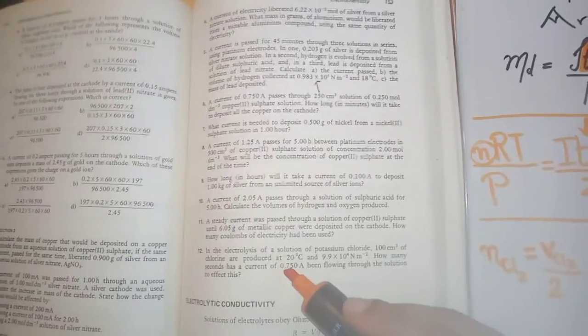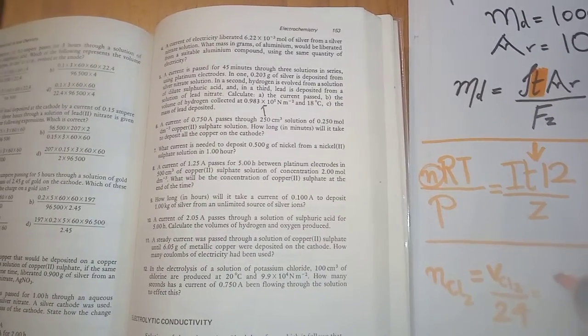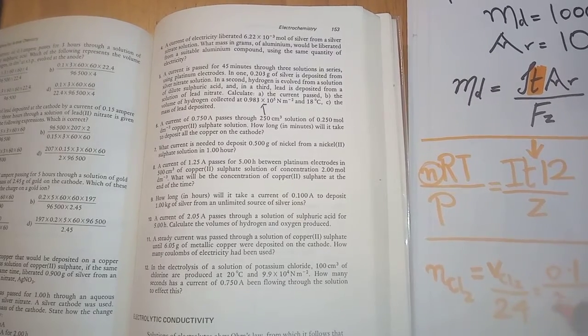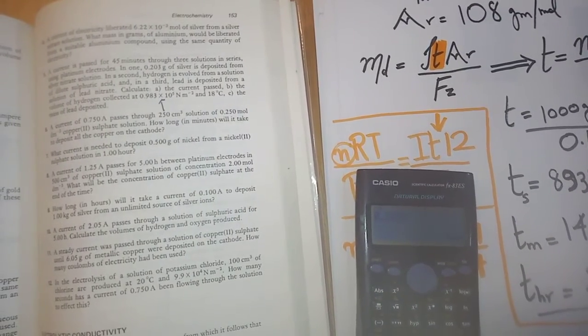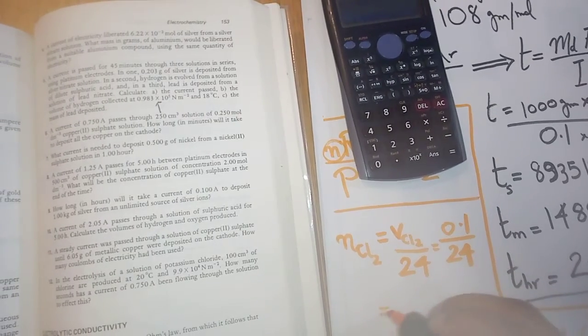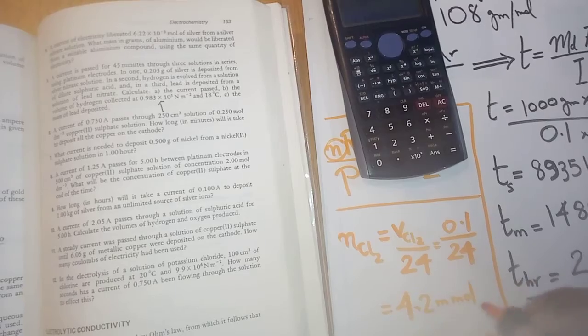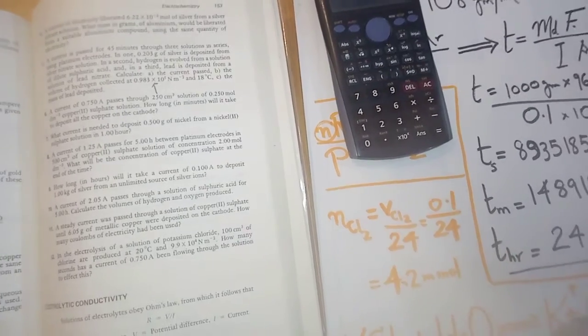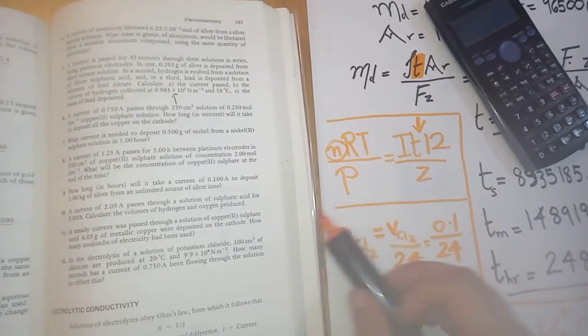Yeah, it seems like room temperature, so I'm going to use 24. And that'll be 4.2 millimoles. Now that I've got that, I'm going to juxtapose it, add it here.